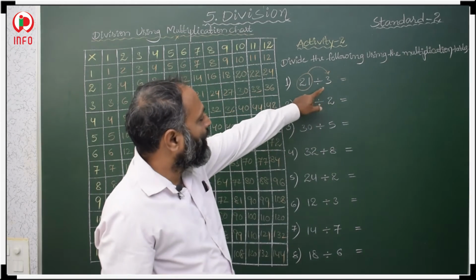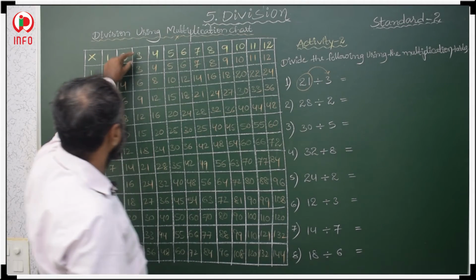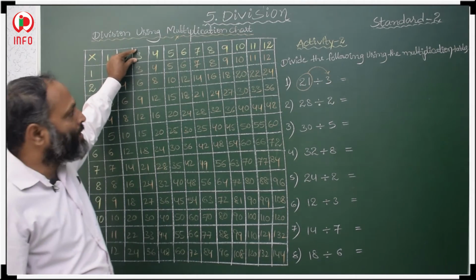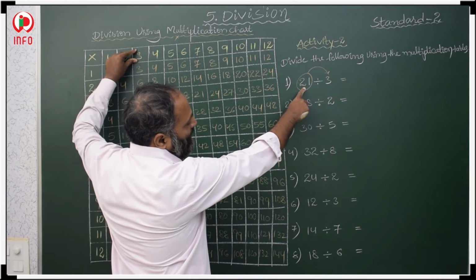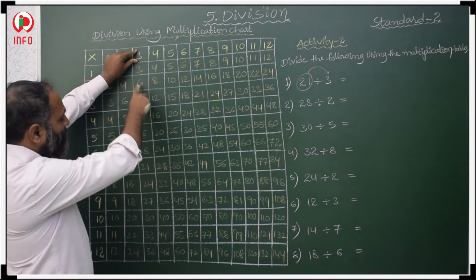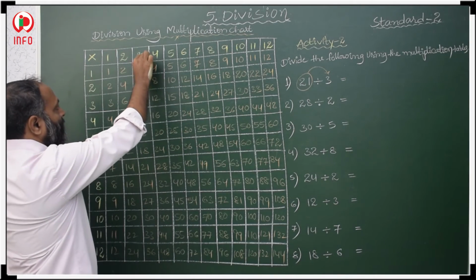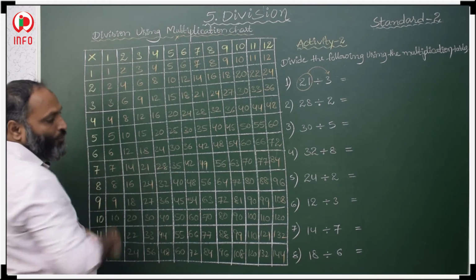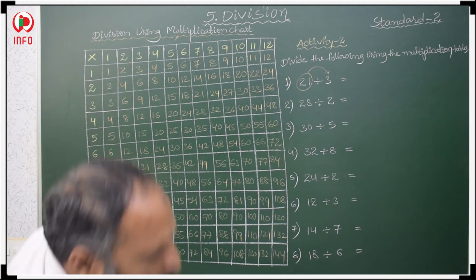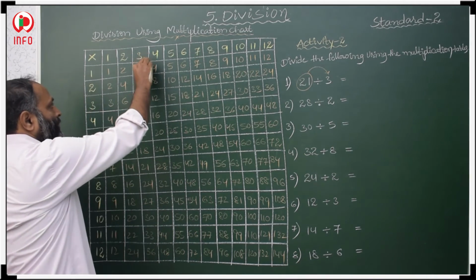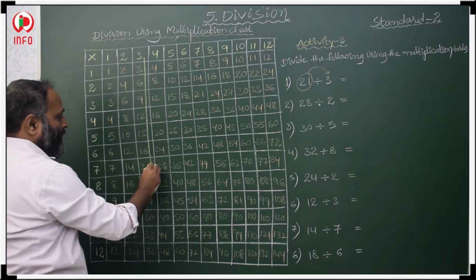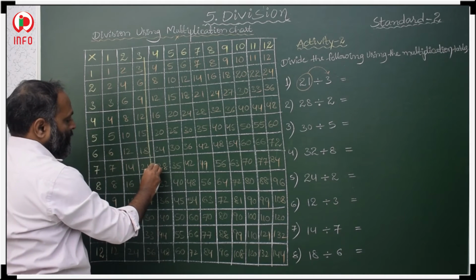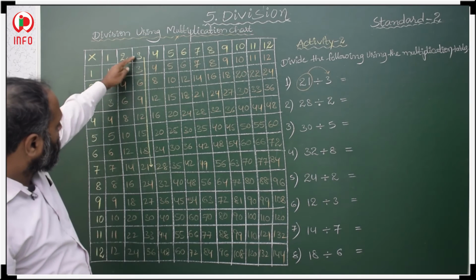So, it means we have to take the 3 table first. Where is the 3 table? This is the 3 table. In the 3 table we have to see where 21 is, and move until 21.